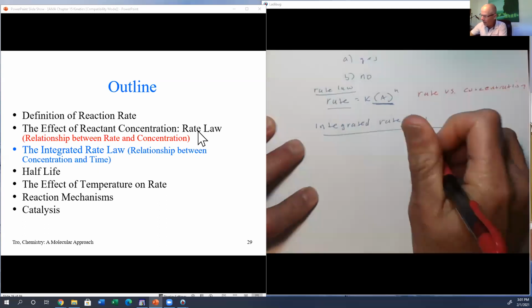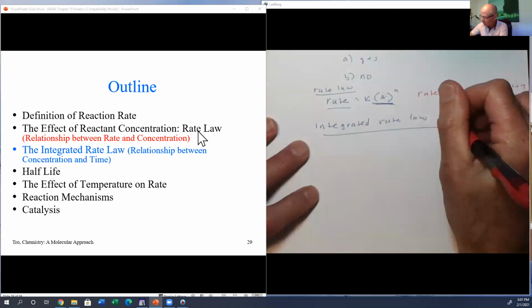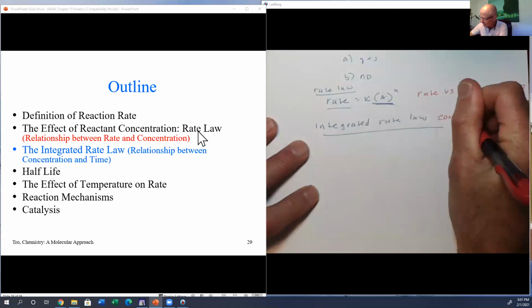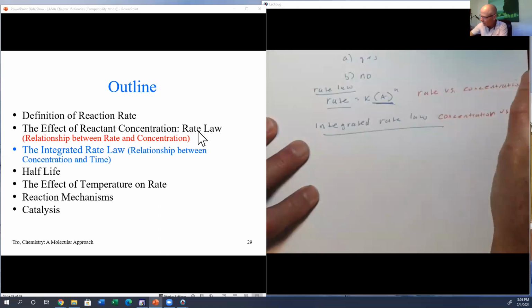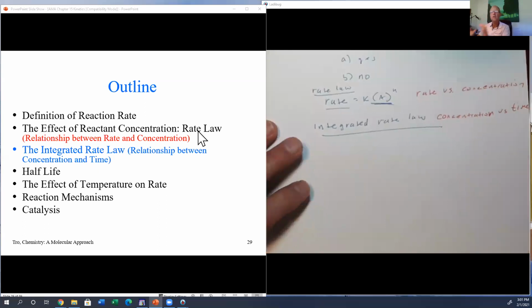The integrated rate law is going to tell us how the concentration changes with time. In other words, the rate law tells us, hey, Mr. Reaction, are you a zero order reaction, a first order reaction, or a second order reaction? What's your order?